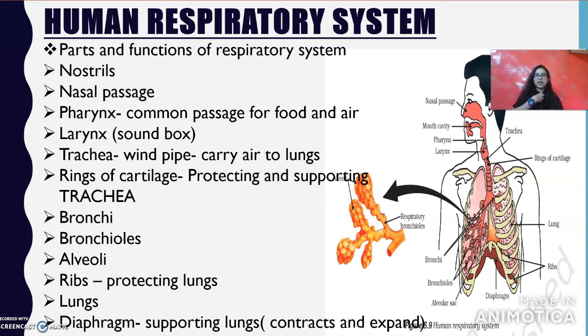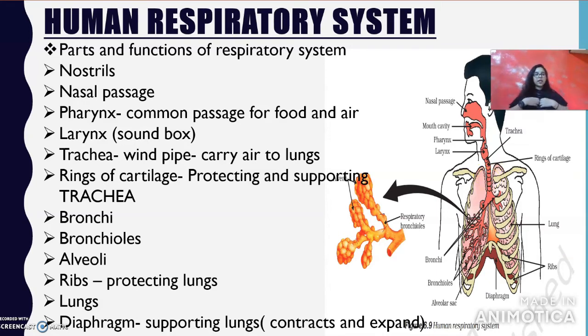Children, remember trachea and esophagus. The esophagus is the food pipe and is behind the trachea. They both should not rub, the friction should not happen there. That's why the trachea is protected with rings of cartilage. Here you can see in the picture, these are the rings of cartilage, protecting the trachea.